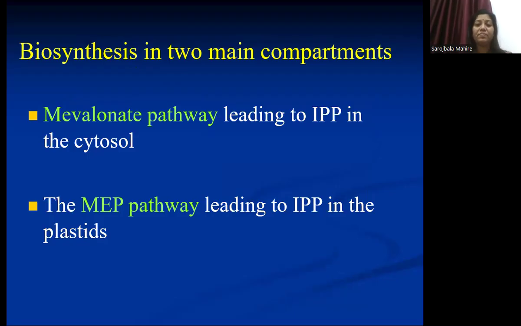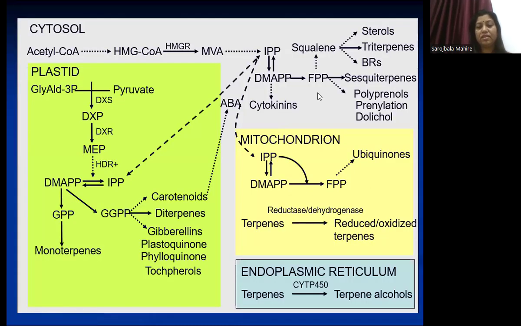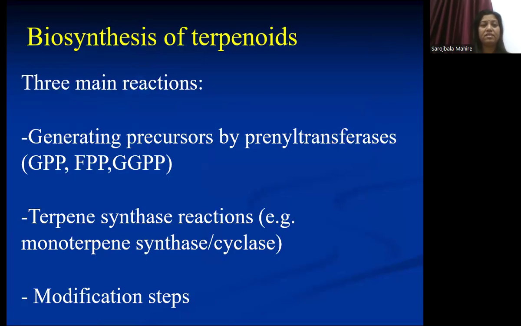Biosynthesis: the main compartments are the metabolic pathway leading to the IPP in the cytosol, and the MEP pathway leading to the IPP in the plastids. Particularly mevalonate, and here MEP and plastids. So here their position and species and their biosynthesis is shown.